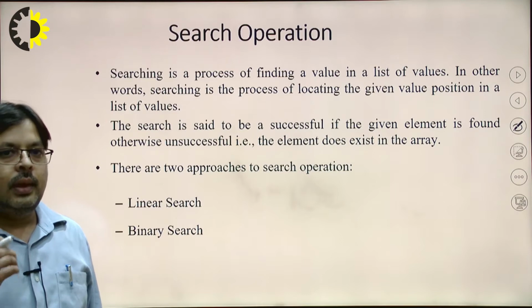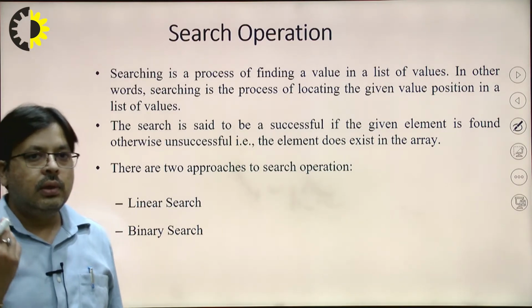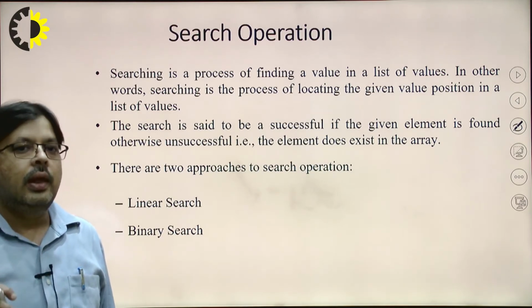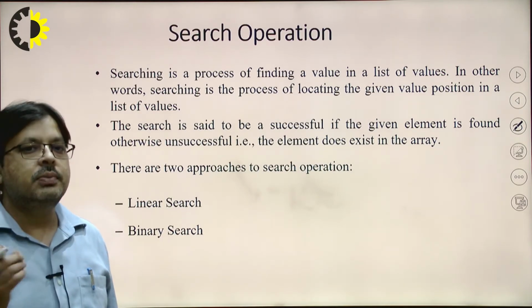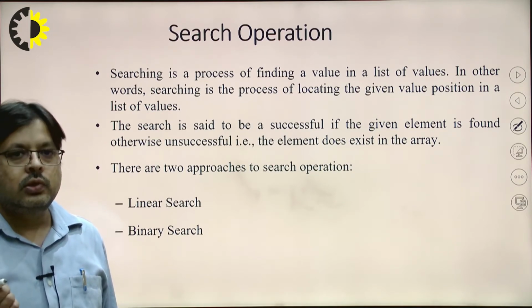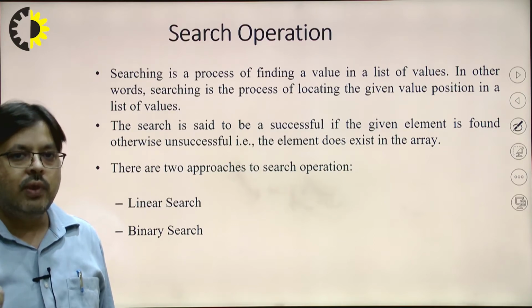The precondition is that the list already exists and we want to search a particular element, or we want to find out the particular element's location in a given list. So how can we perform this operation?